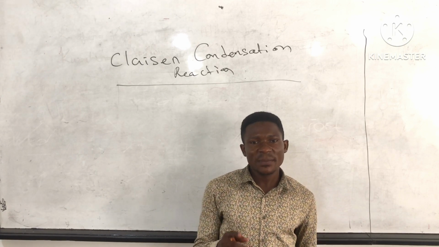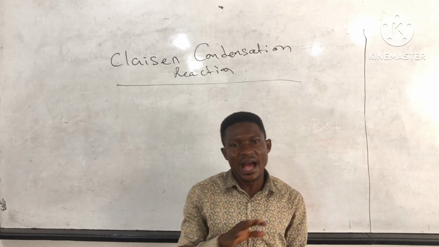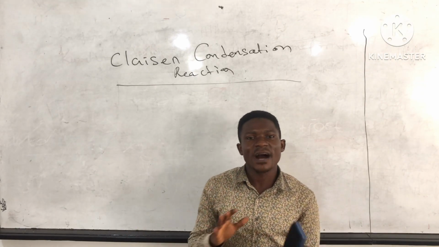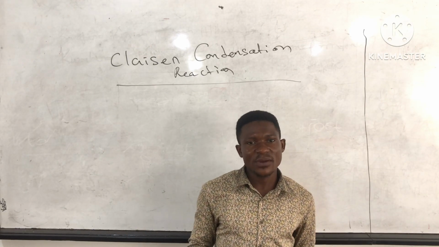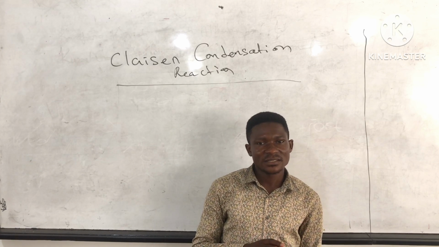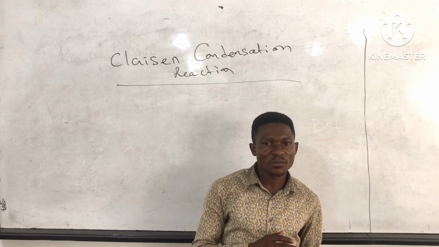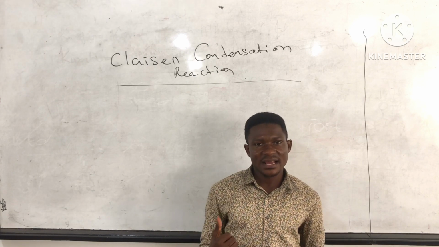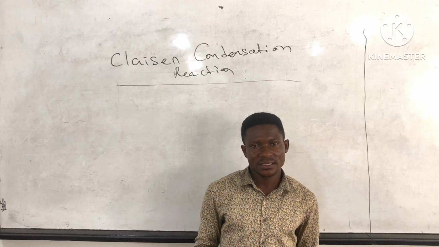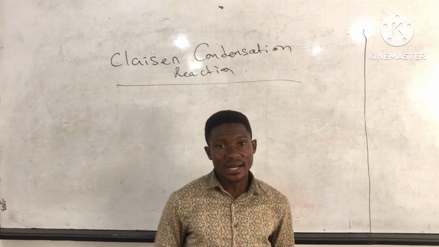The only reason that can happen is when your ester does not have an acidic alpha hydrogen. So the ketone will now be the one to form the carbanion and rather attack the ester to form the Claisen product. Are we following? Good. So now let's dive into the mechanism proper.